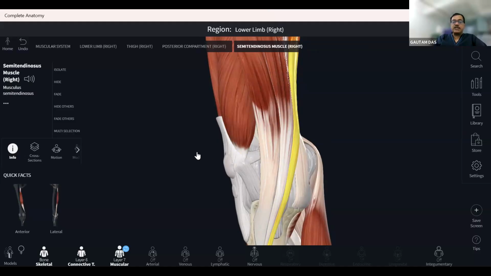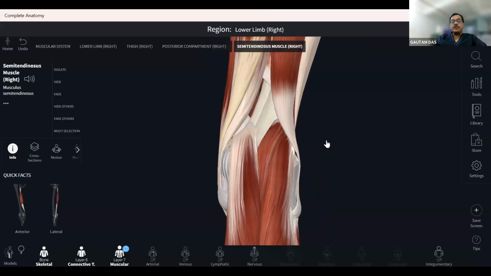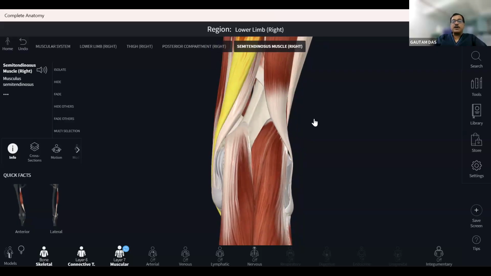So this is the medial side. And if we go posteriorly, very important are your hamstring muscles. There are 4 hamstring muscles. Semimembranosus below is bulky, and semitendinosus, as we can understand, is mostly tendinous at the knee. This is the medial side, 2 of the hamstring muscles.